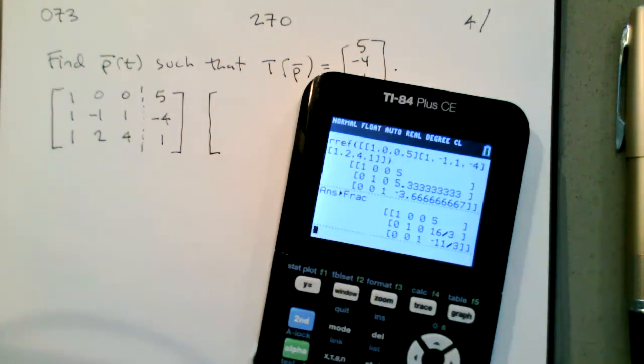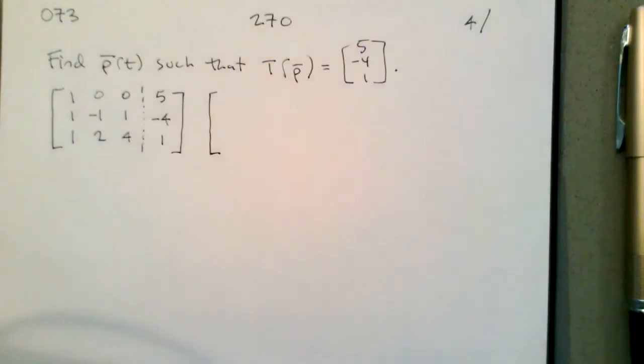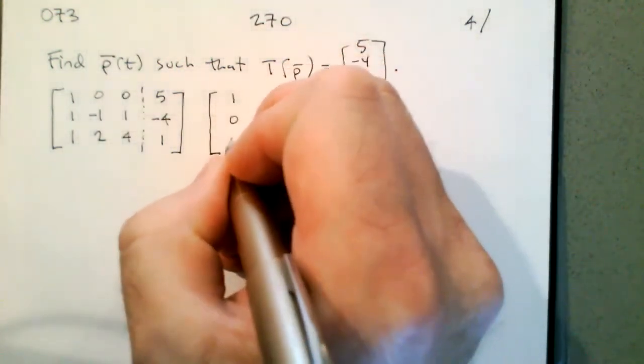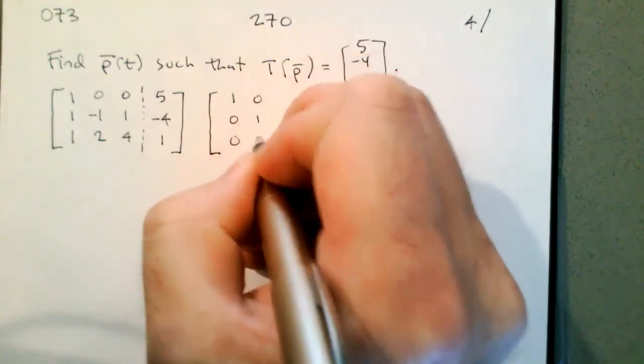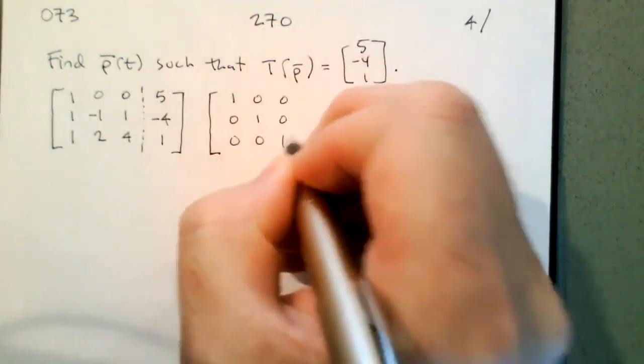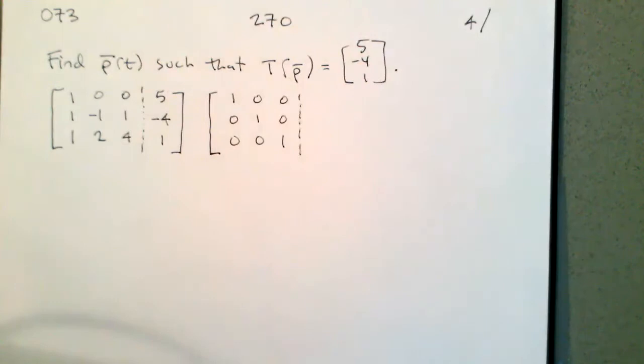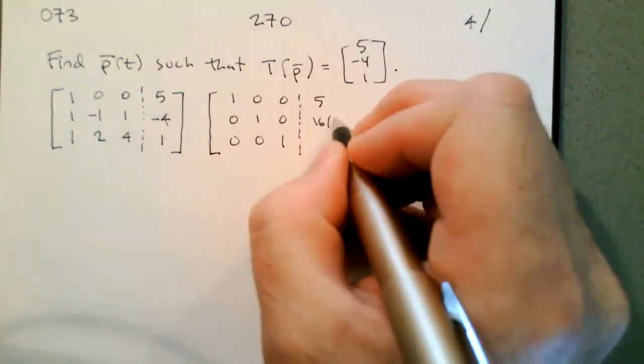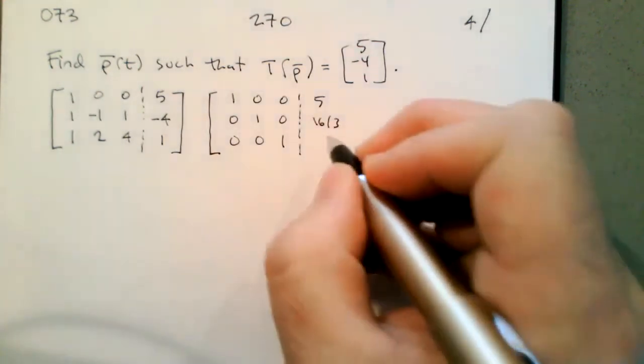That's just a reality. So the reduced echelon form, I got the identity matrix. We knew that was going to happen. But the interesting part was the 5, 16/3, -11/3. So we end up with 1, 0, 0, 0, 1, 0, 0, 0, 1, and 5, 16 thirds, and -11 thirds.